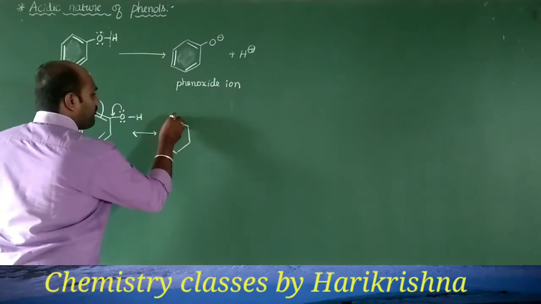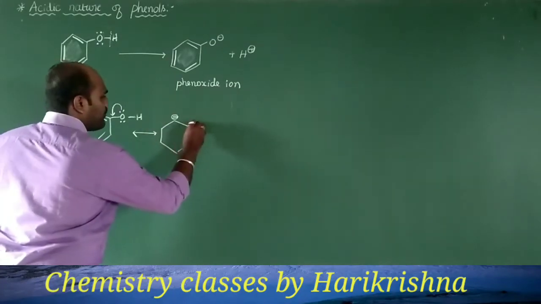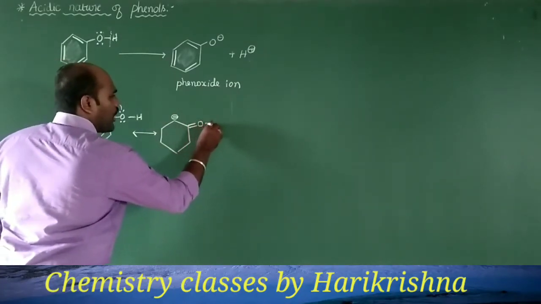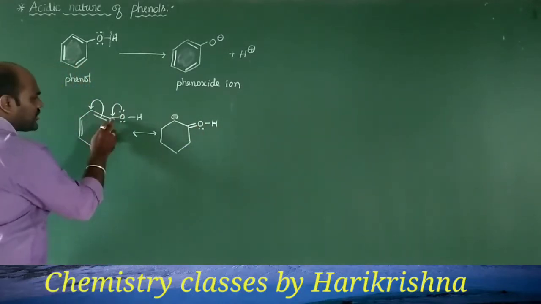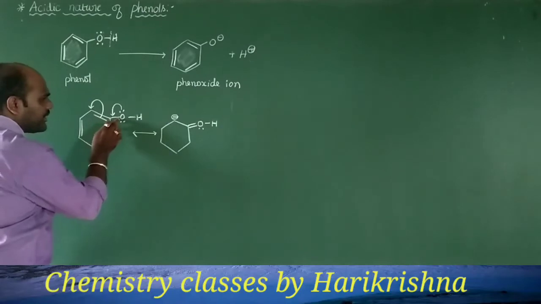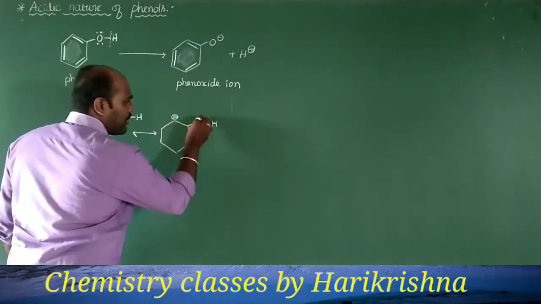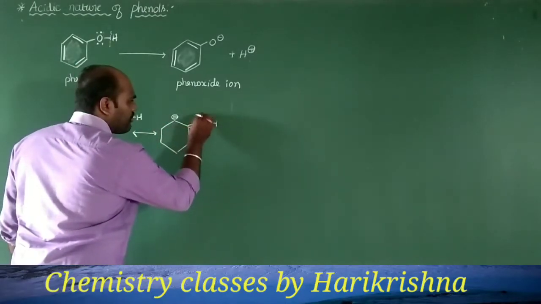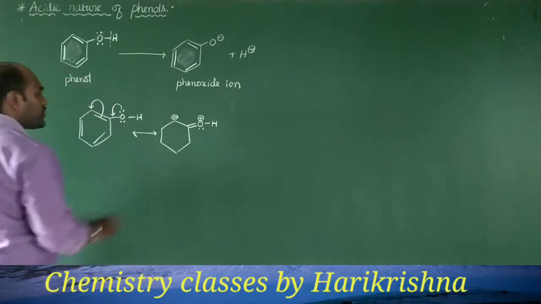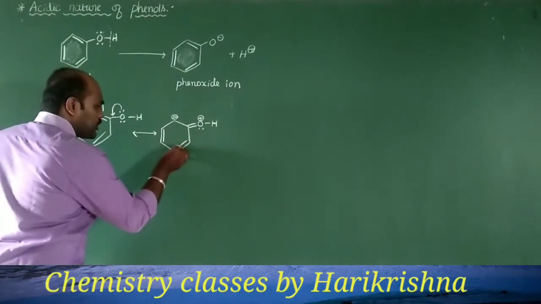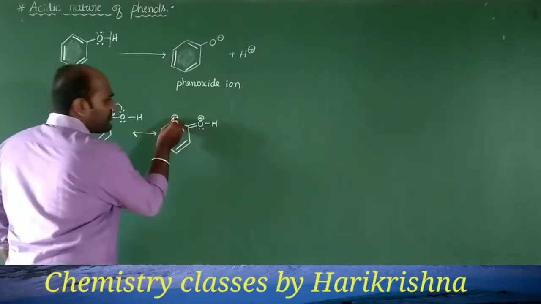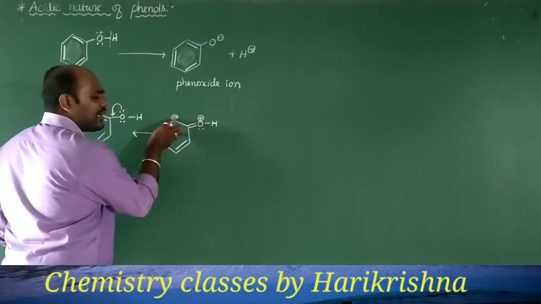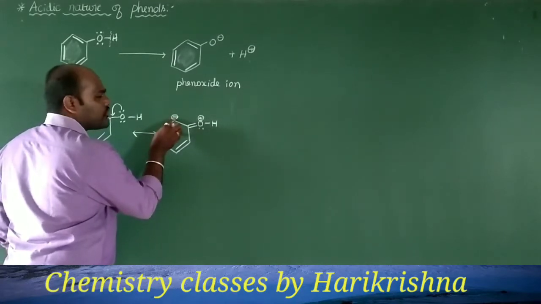And in this canonical form, there will be a negative charge over here, double bond to OH, and one lone pair. But here one lone pair of electrons shifted and distributed between carbon and oxygen, so that we got a double bond, and due to loss of lone pair, oxygen will attain positive charge by keeping these 2 pi bonds as they are. And now the carbon will not remain with negative charge on it.